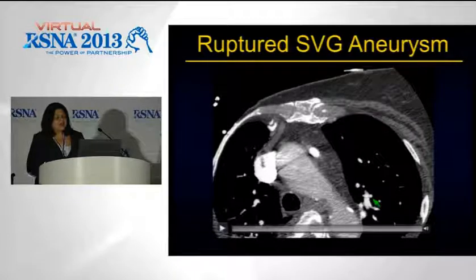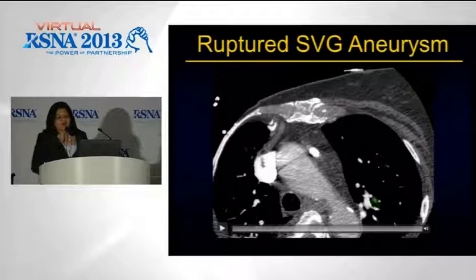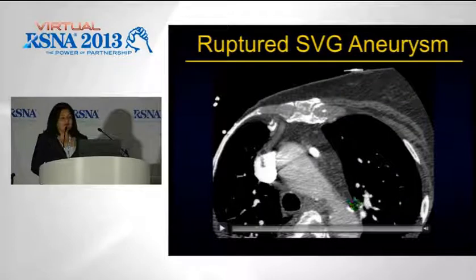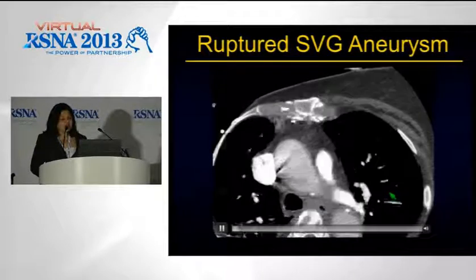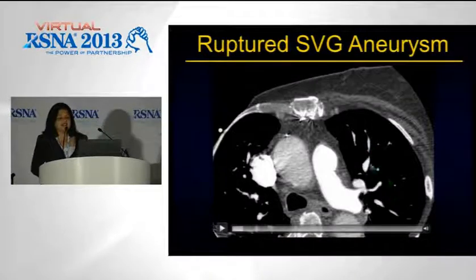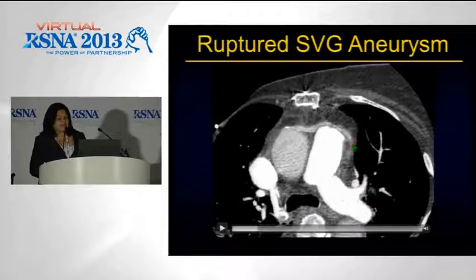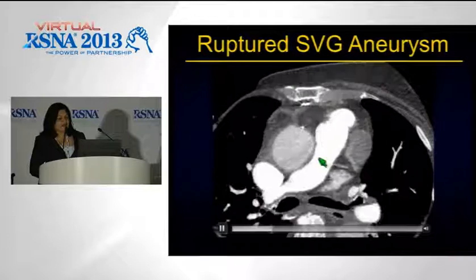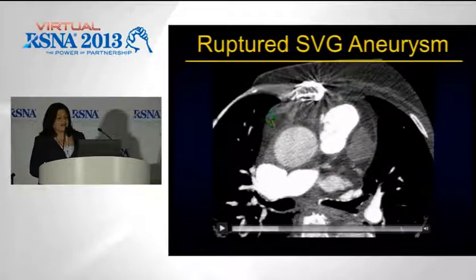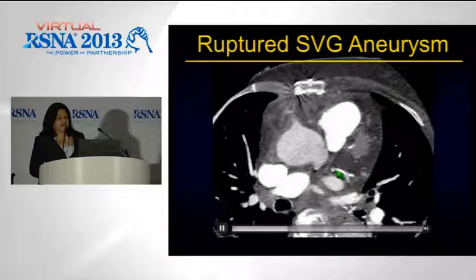And here, what happens when these aneurysms or pseudoaneurysms increase in size? So here is a patient. This was again a PE CT, not a dedicated coronary. Pulmonary arteries were fine. Here's one saphenous venous graft with an aneurysm. But look at this anteriorly, a lot of stranding in the mediastinal fat.